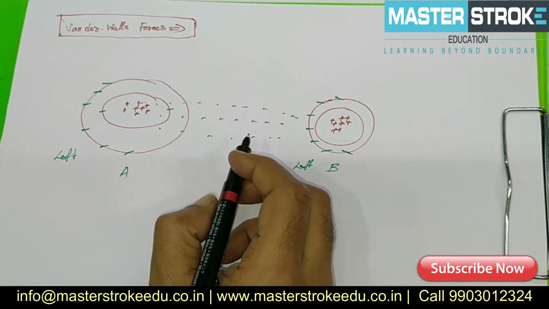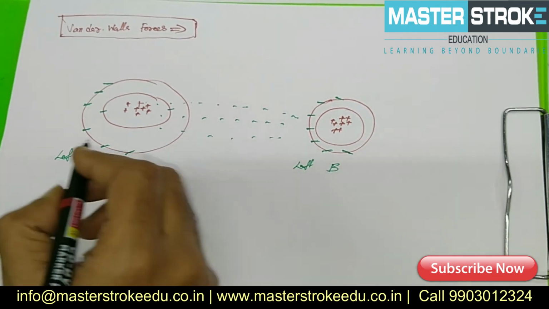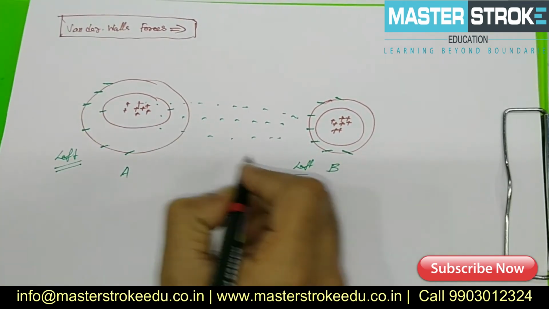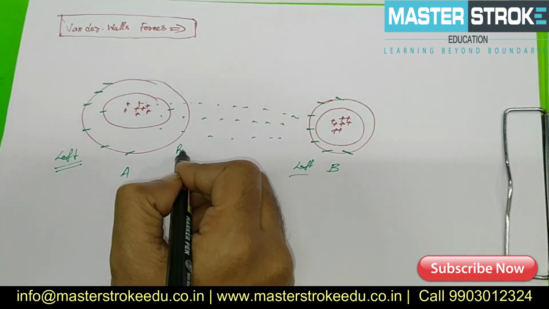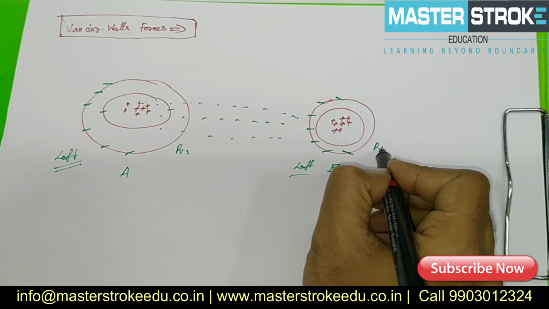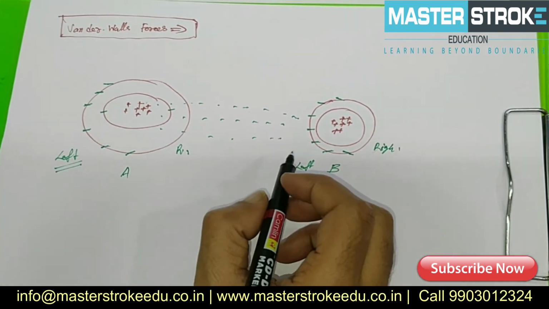But you can understand that the electrons will never stay in such an area for long. They will immediately return to the right side, so the interaction will immediately break.